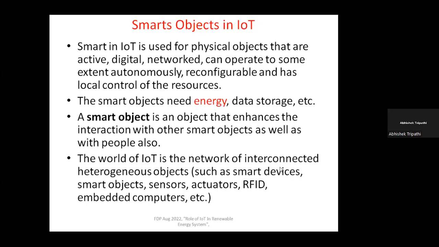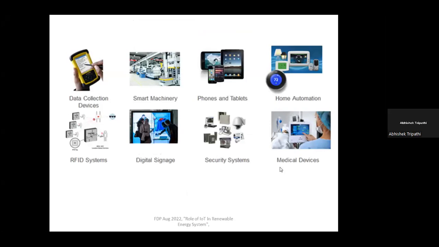as with people also. And ultimately this world of IoT is the heterogeneous connection of these smart objects. It could be computer, sensor, RFID devices, embedded computers, anything. So all these smart objects are connected together, and that will form the IoT architecture. So you can see the different devices here.